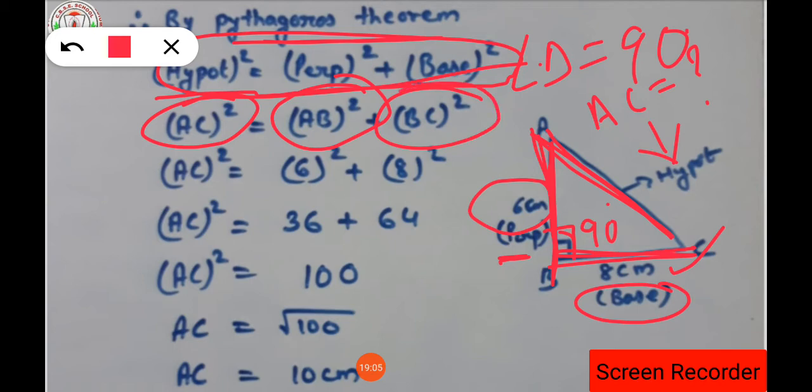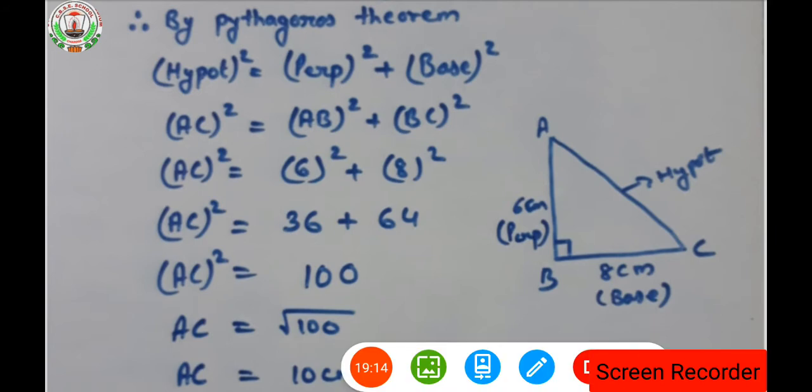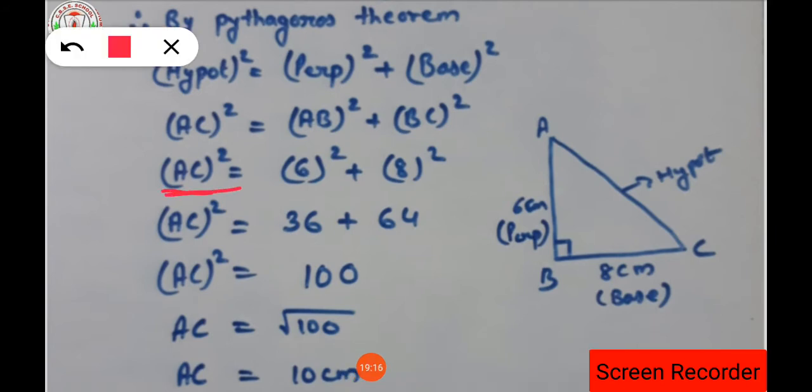Now we are going to substitute the values of AC, AB, BC. As we know, the value of AC we have to find. So AB is given in the question as 6, then BC is given in the question as 8.